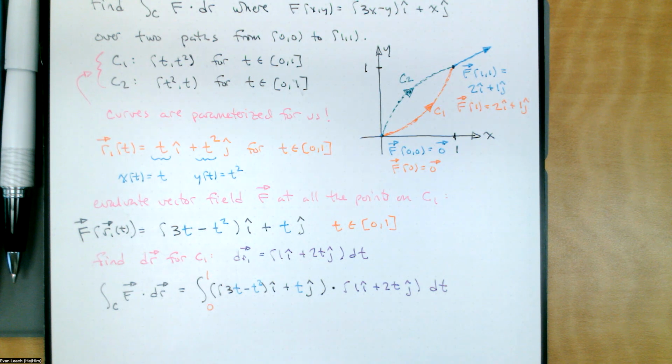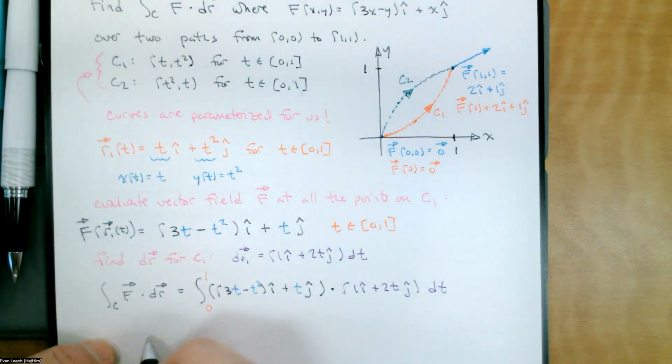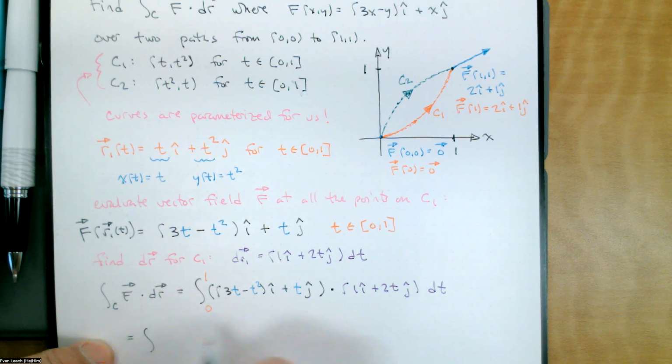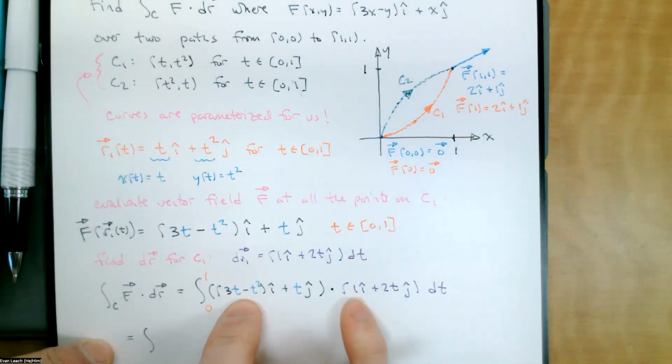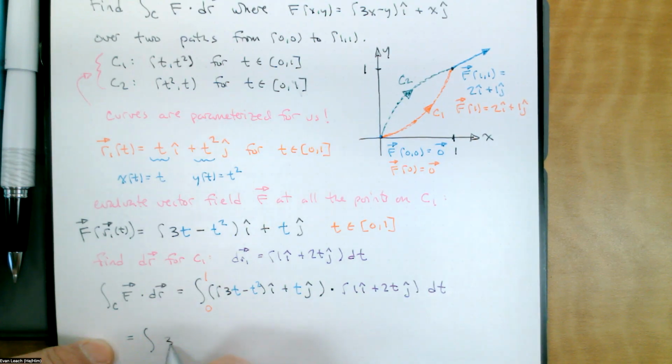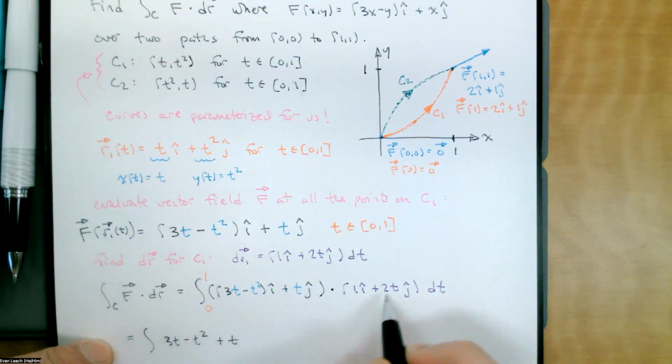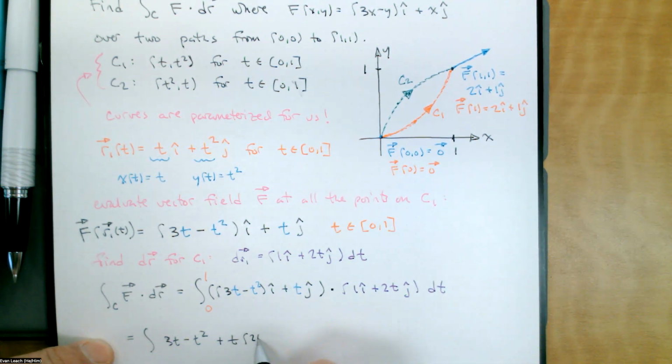Now we have a simple integral to calculate. We've got to find the dot product of these two vectors. This is still going to be an integral from 0 to 1. The dot product of the vectors is going to be 3t minus t squared times 1 plus t times 2t, dt.